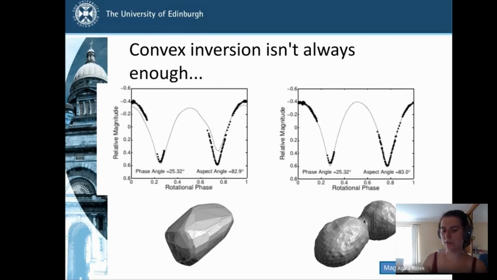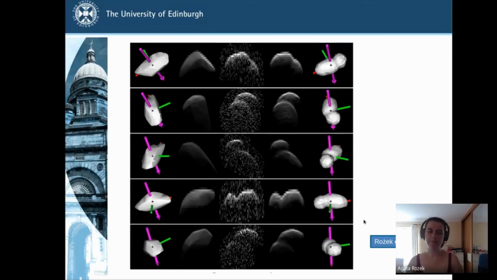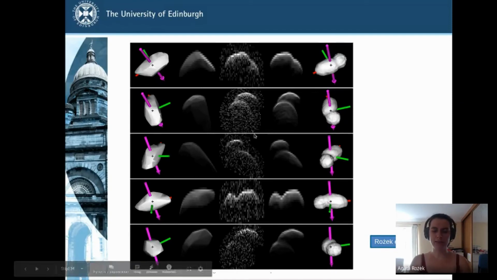In order to get all of those details, we need to look at radar observations, and this is the other ground-based method that I use. So here in the middle, you can see the real observation, the Doppler delay observations of asteroid JV6.